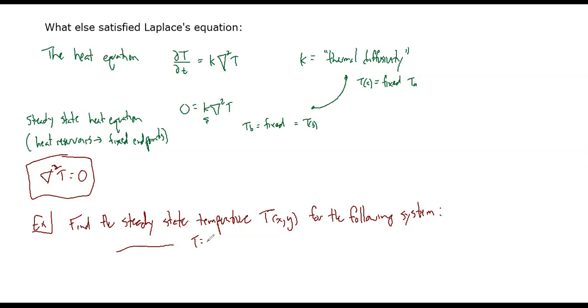So we'll keep the upper part at 100 degrees Celsius. We'll keep the lower part at 0 degrees Celsius. TH and TL.